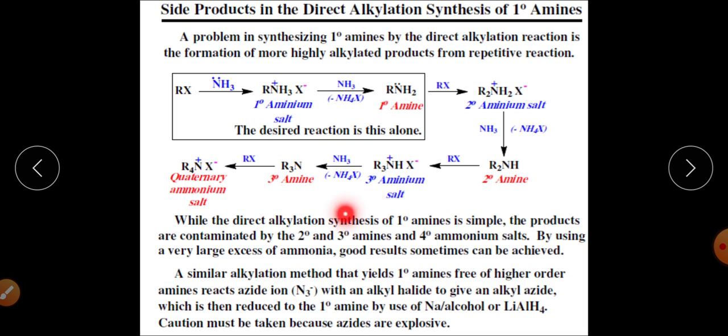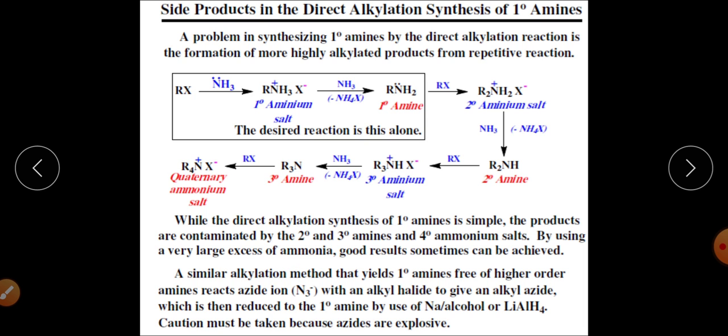A serious limitation of this reaction is that polyalkylated product will be synthesized. For example, if this is an alkyl halide and this is your ammonia, by reaction of these two we want to prepare a primary amine, and it will be synthesized.